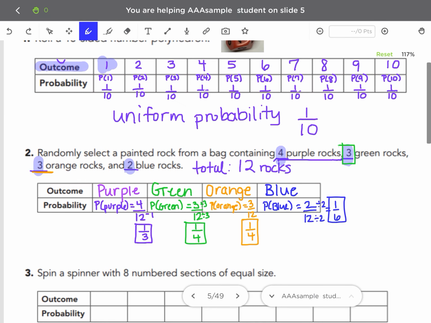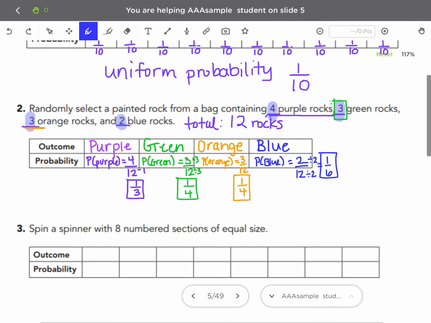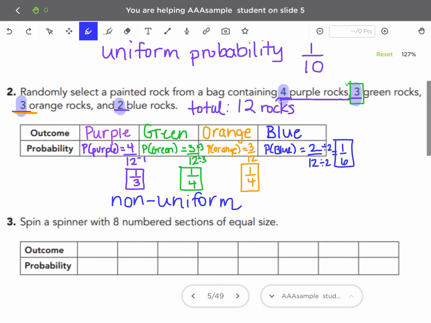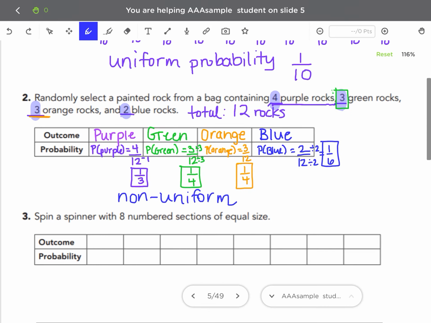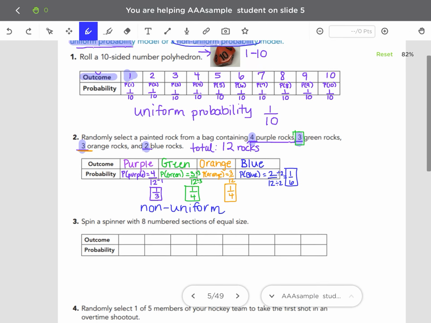These are all different, so we're going to call this a non-uniform probability model, which really means that the colors have different probabilities. They're different amounts of different colors of rocks. So that's an example of each different type.